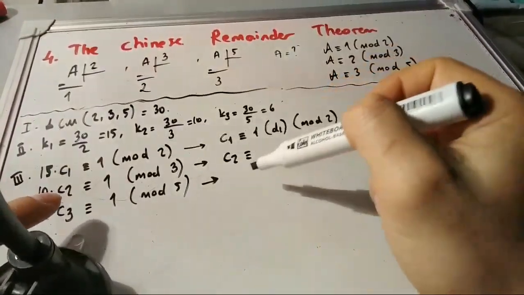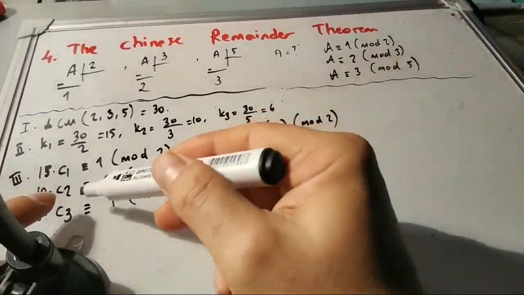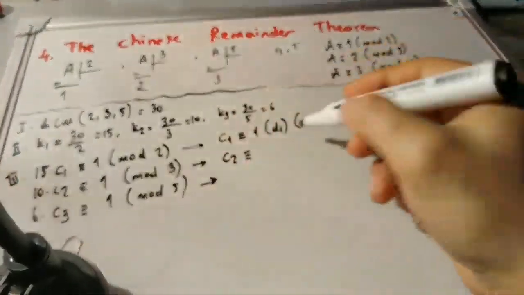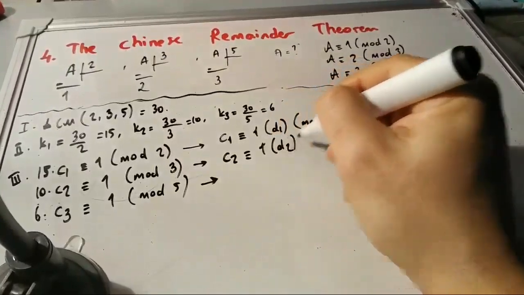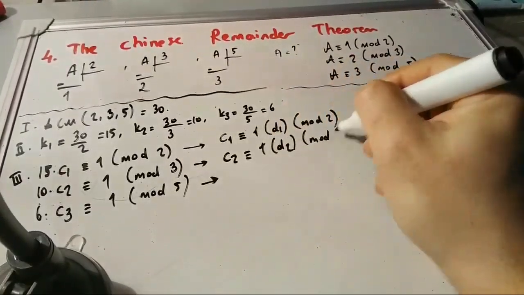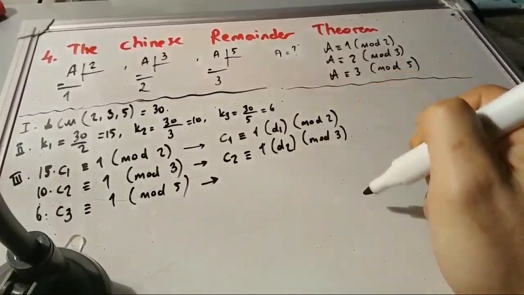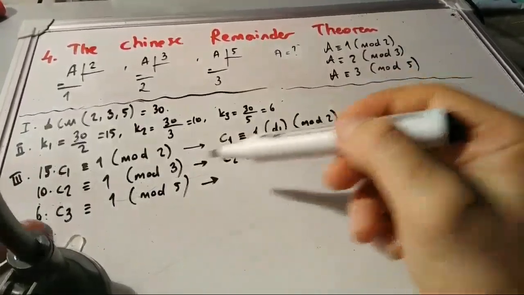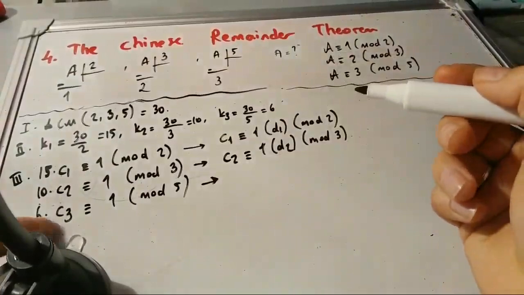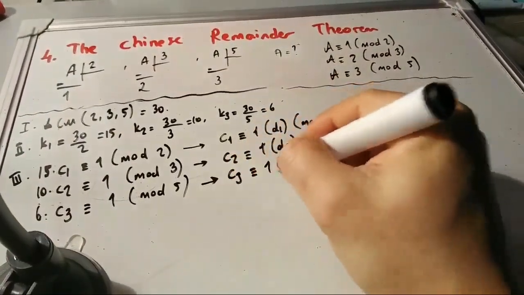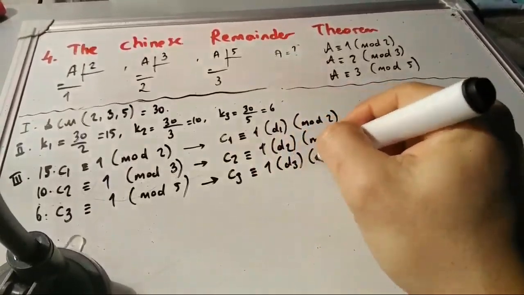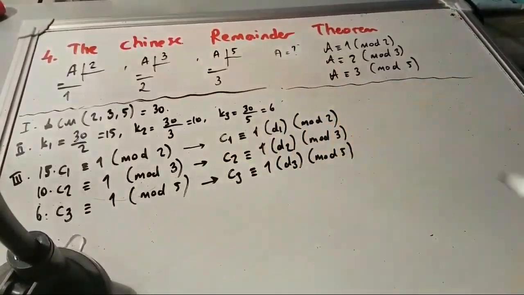So 1 times C2 is C2. C2 is congruent to 1, which is D2, in mod 3. 6 by 5, remainder is 1. 1 times C3 is itself. C3 is congruent to 1, which means D3, in mod 5. Okay. We found everything here.